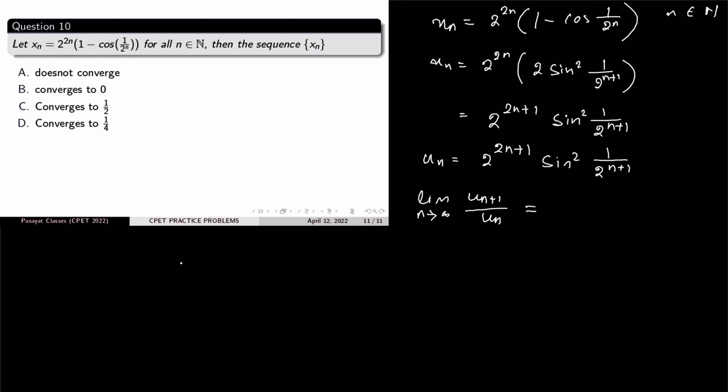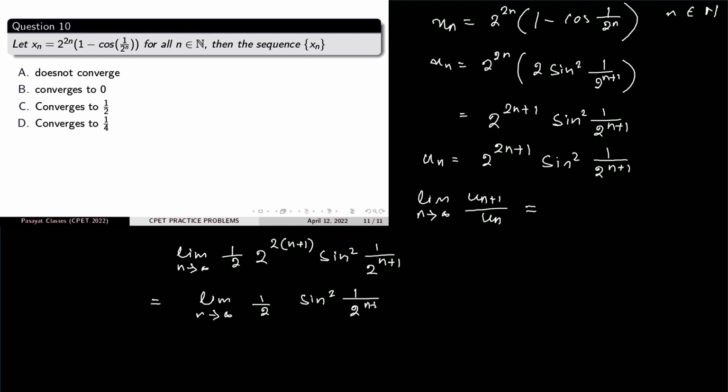we can write here, limit n tends to infinity, 1 by 2 into 2 to the power 2 into n plus 1 into sin square 1 by 2 to the power n plus 1, and further this can be written as limit n tends to infinity and 1 by 2, sin square 1 by 2 to the power n plus 1 whole divided by 1 by 2 to the power n plus 1 this whole square.